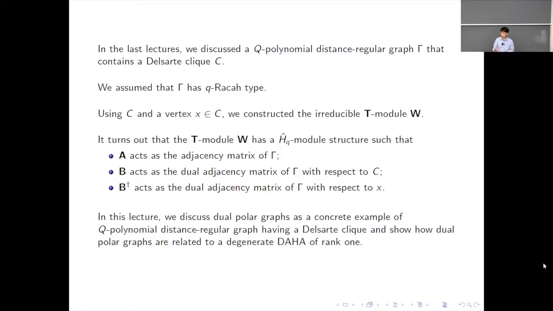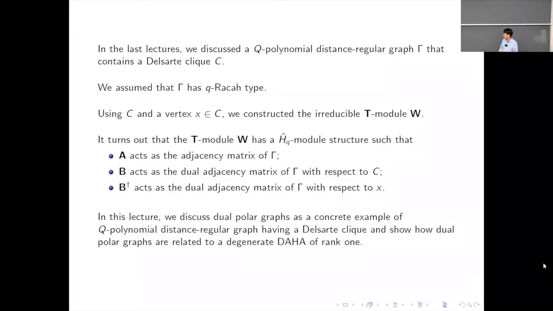q-Racah type is the most general type of q-polynomial distance regular graph. Today, we discuss dual polar graphs as a concrete example of a q-polynomial distance regular graph having a Delsarte clique, and show how the dual polar graphs are related to a certain DAHA. Unfortunately, our universal DAHA does not fit well into our theory.